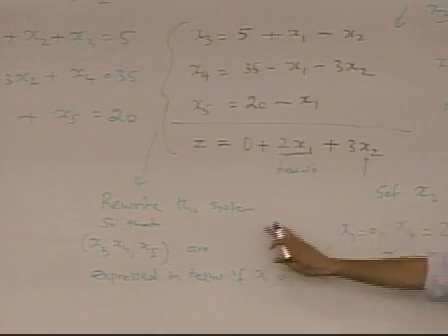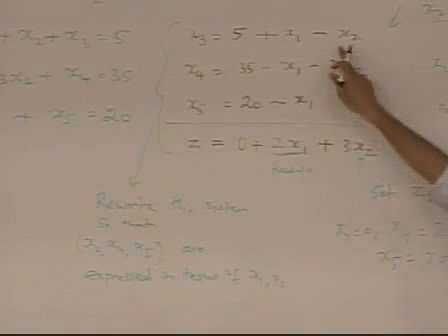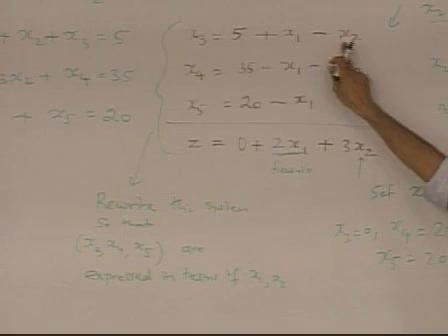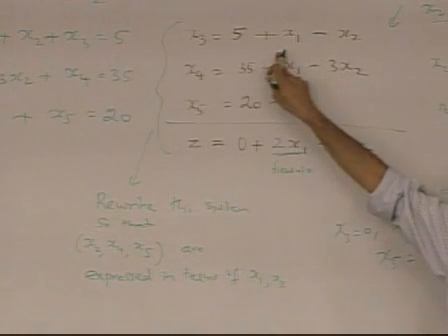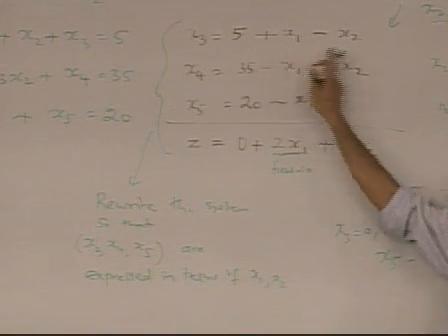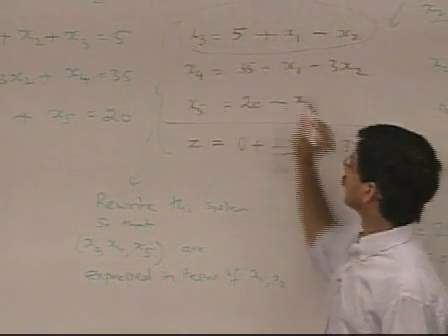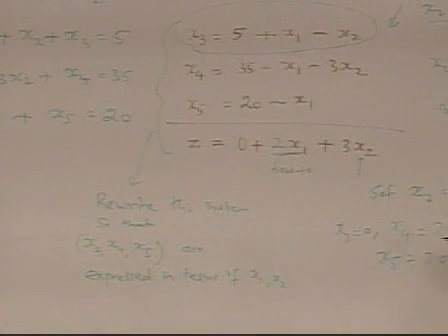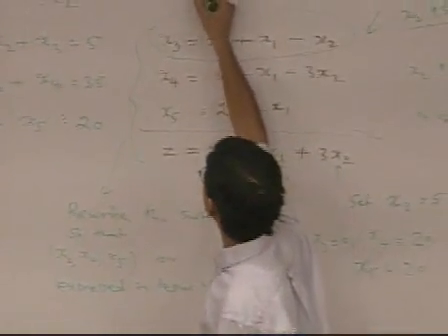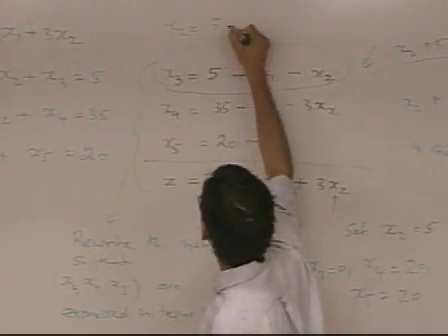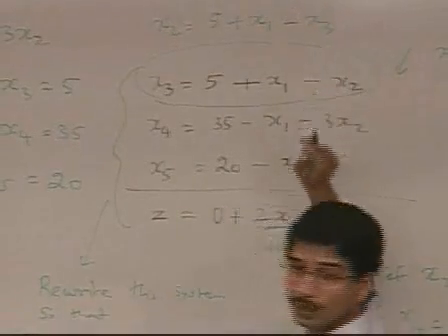So I want to rewrite everything in terms of x1 and x3. So first I examine this. And this is the equation that limited me from increasing the value of x2. So you start with that equation and rewrite it in a convenient way for you. And the convenient way here is just say x2 is 5 plus x1 minus x3.